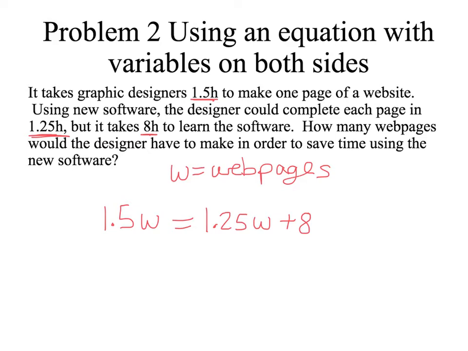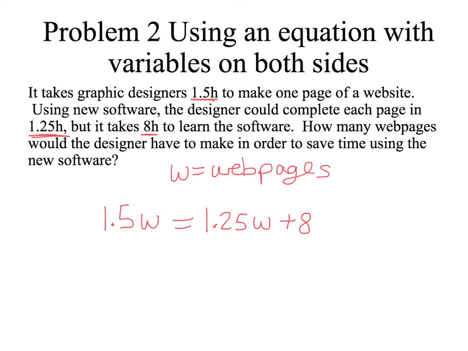I think a lot of people might have got confused and tried to use the variable h in there somewhere. But that's just per hour. What you're actually making every hour is web pages. If you look at the book, they use the variable p, but it's okay. We use w for web pages. It's all the same thing.